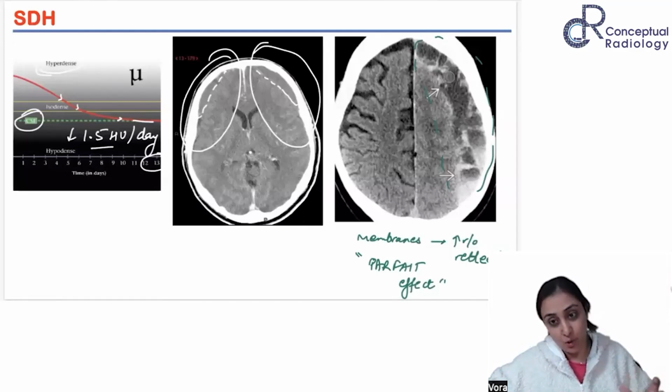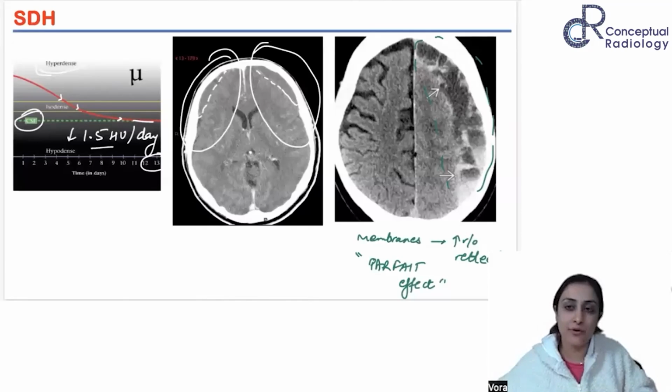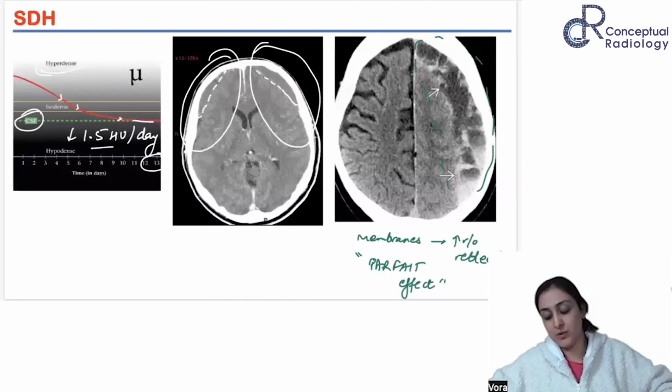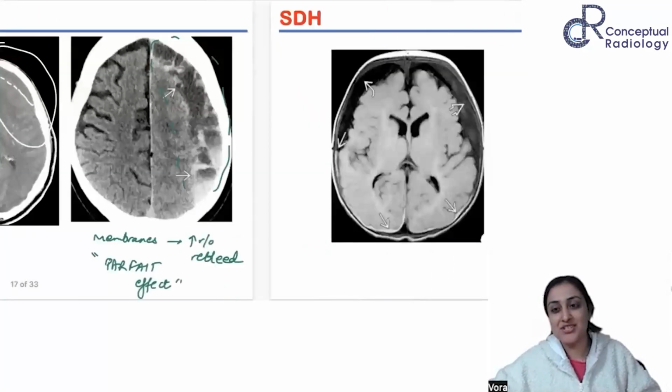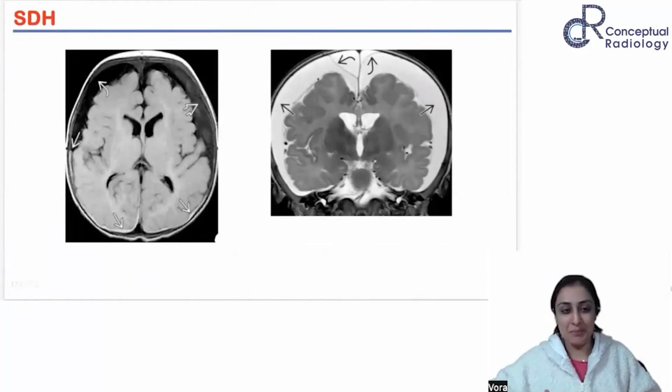There is a chronic SDH with these collections within it, which indicate secondary membrane formation. That's how you report this: there is a loculated subdural collection with a predominant hypodense density with areas of hyperdensity. Okay, so this is what you want to remember.